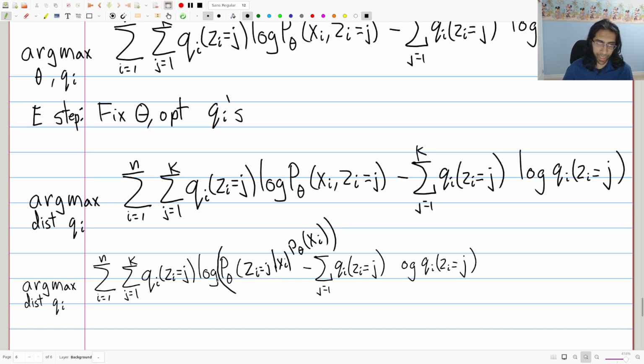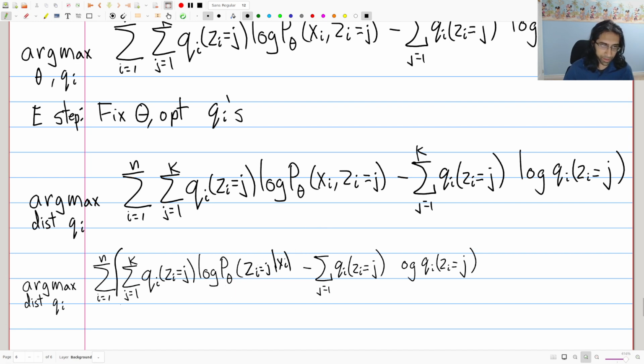Since we're taking the log of this product, we can always break the log of a product into a sum of logs. So yeah, let's do that.